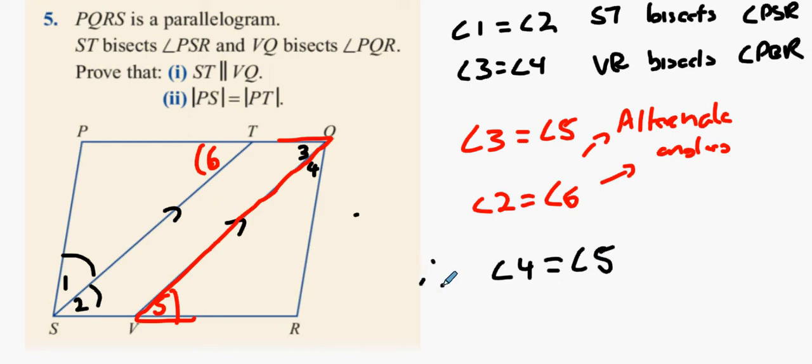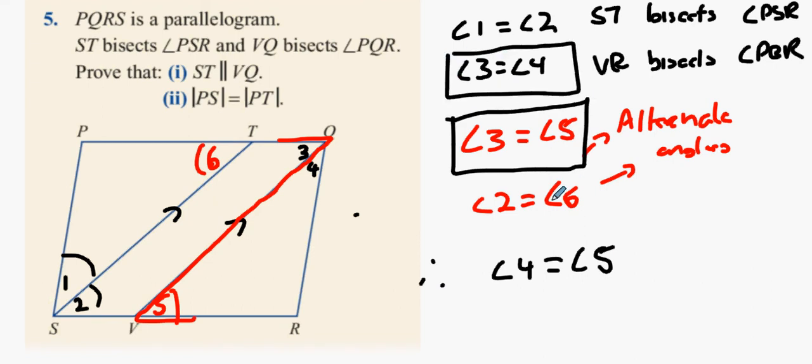Alright? Now the reason why we've come to this conclusion is we have angle 3 equals angle 5, and we have angle 3 equals angle 4. So now we know that angle 4 equals angle 5. Okay?